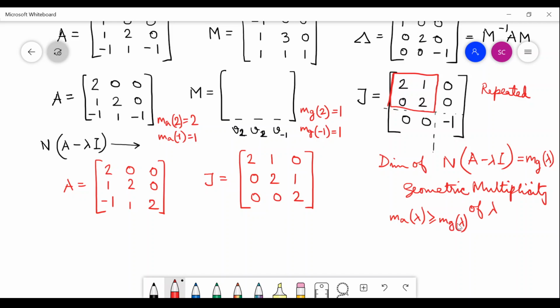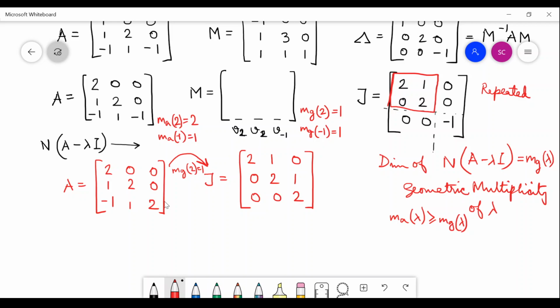So we have to actually figure out what is the geometric multiplicity. This thing that I was talking about, when I am talking about this particular A giving me a Jordan form like this, I implicitly considered that m_g of 2 is 1.